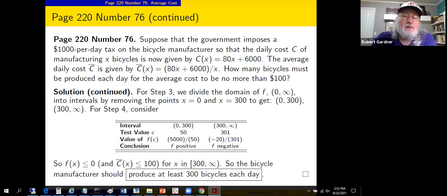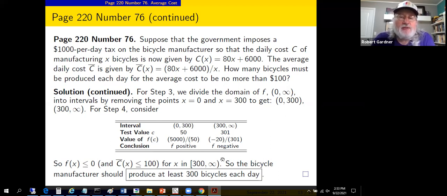Question was, as we had translated it, where is f of x less than or equal to 0? That would be, where is f of x negative or 0? It's negative here, and it was 0 at x equals 300. So we get that f of x is less than or equal to 0 for x in the interval from 300 to infinity, including the 300. Their question was, how many bicycles must be produced each day for the average cost to be no more than $100?